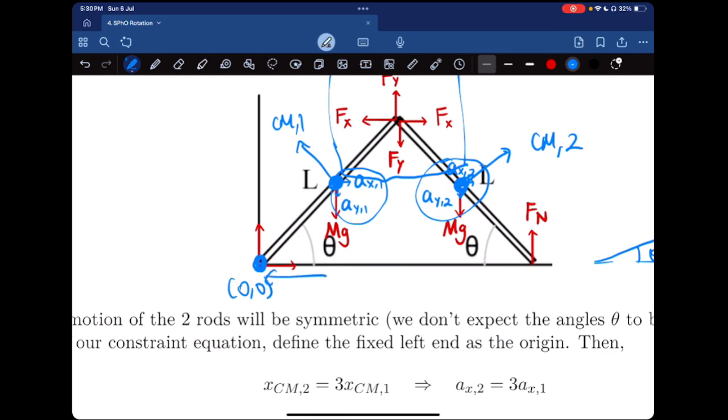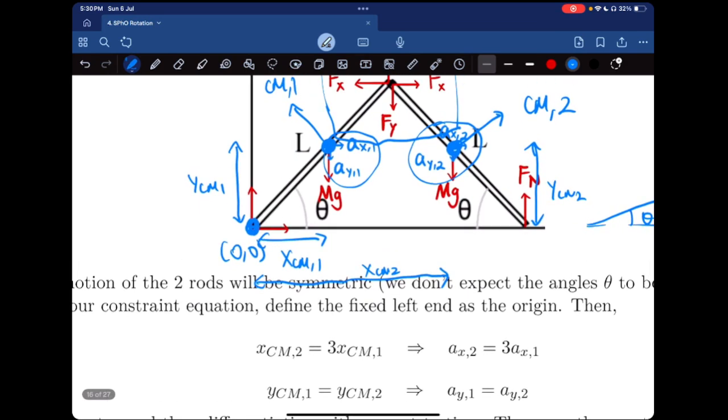So clearly we have xCM1, xCM2, yCM1 and yCM2. These are the lengths we're interested in. Now, by some geometry, you can easily show that xCM2 is 3 times xCM1 and yCM1 is yCM2.